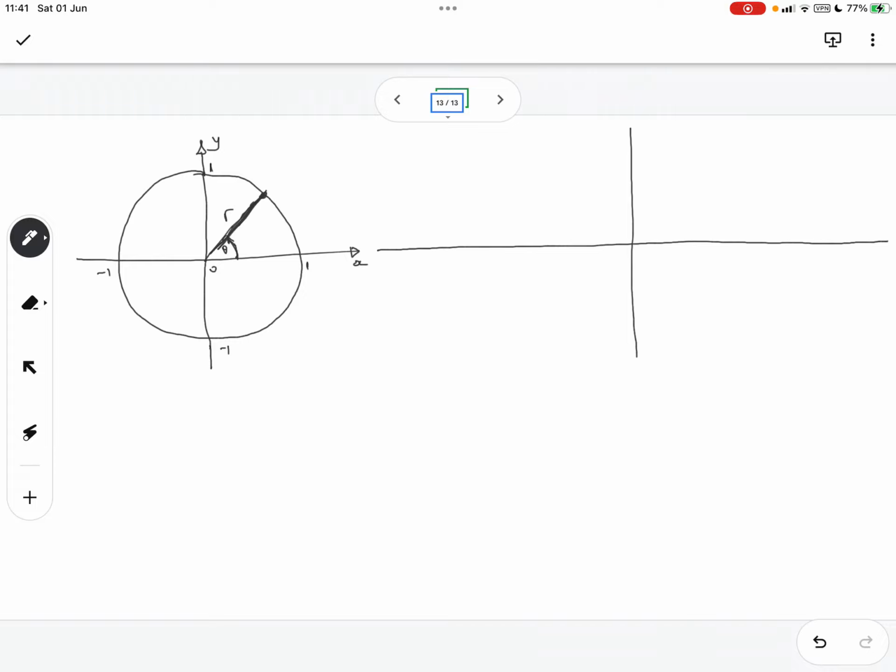And all the way to the circumference, we have our radius there. So if this is y, then this will map to theta. I guess we can call this the Cartesian plane illustration.